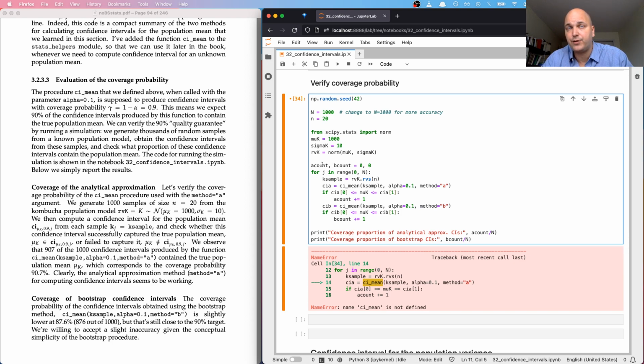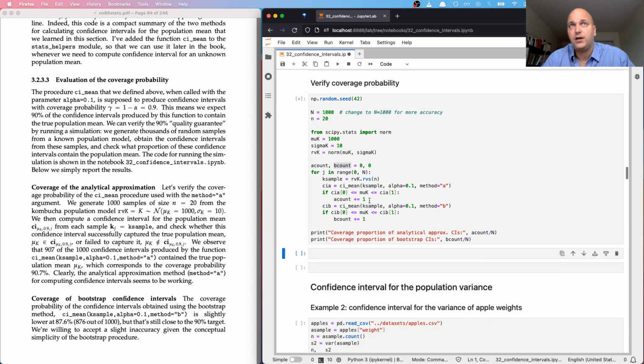And for each of those, if the population mean is inside the confidence interval, I'm just going to increment the counter. So this is the count of successes for the analytical approximation method, and this is the count of successes for the bootstrap. This might take some time, but this is another principle I want you to take away.